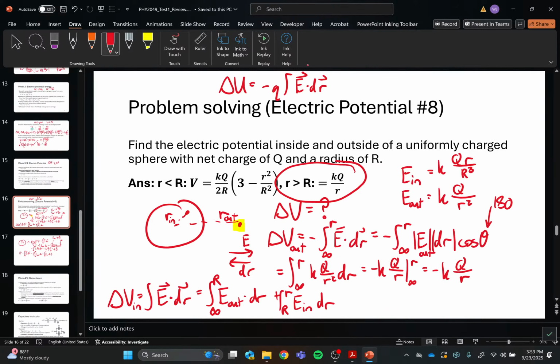Would you be able to plug it into that? I'd probably use that.